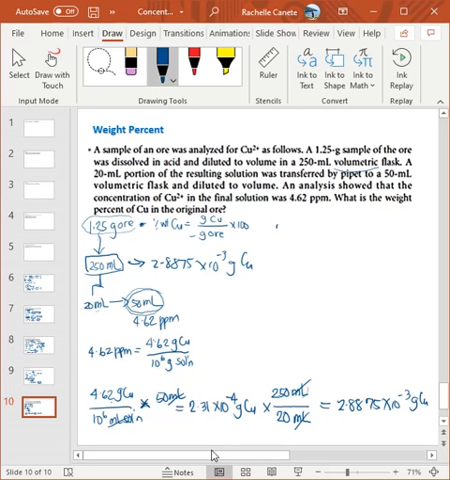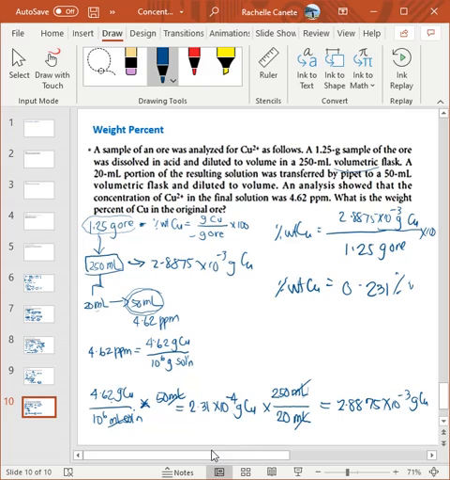So, now we can solve for the weight percent of copper, which is equal to 2.8875 times 10 to the minus 3 grams of copper all over 1.25 grams of ore times 100, which is equal to 0.231% weight of copper. And that's the answer.